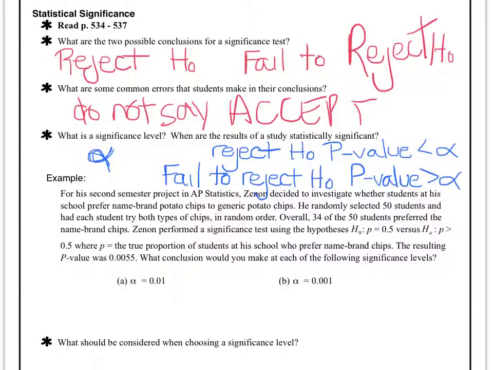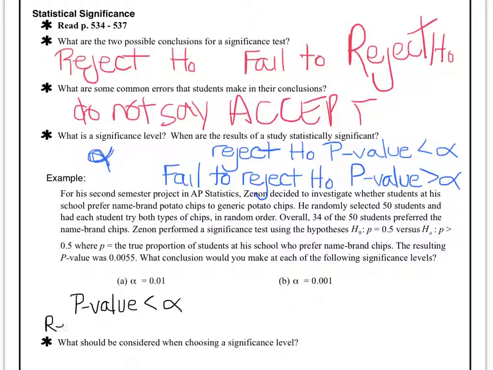Alpha is 0.01. Okay, when alpha is 0.01, notice that our p-value is less than alpha. Okay, that means our results are statistically significant, and what we would say here is we would reject the null hypothesis.